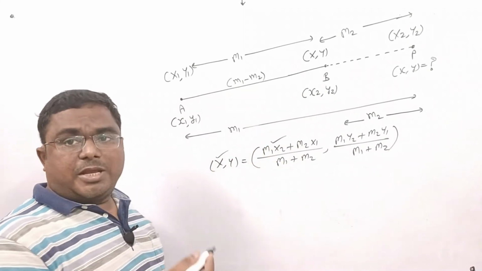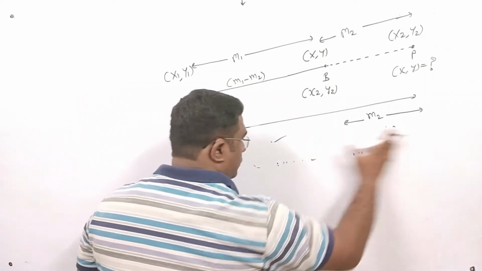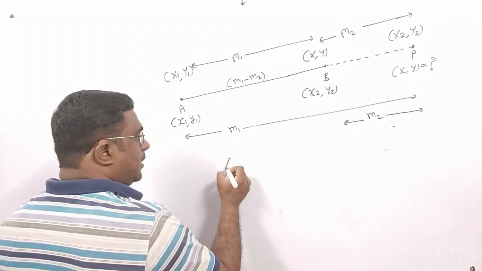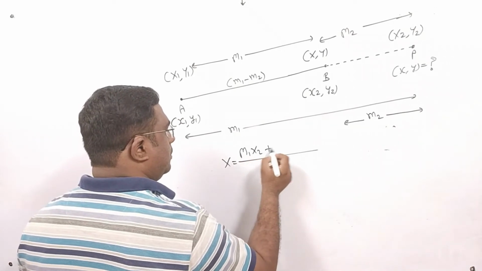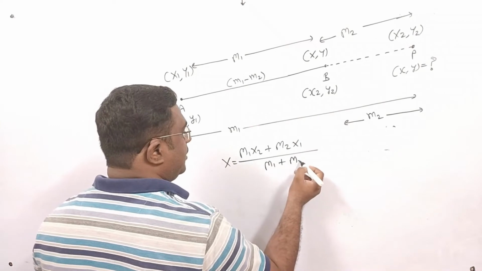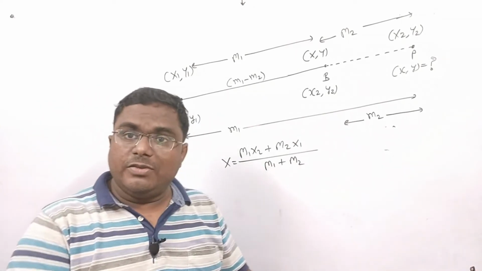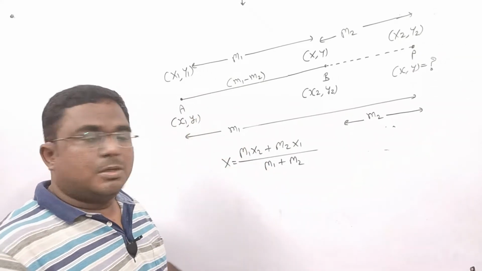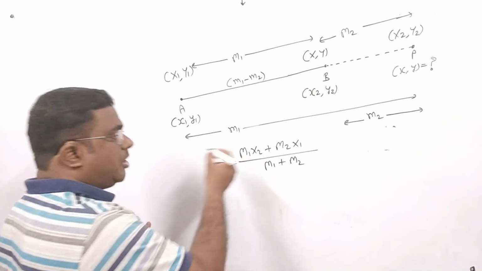It means I am taking abscissas and ignoring ordinates for some time. So capital X is equal to (m1 x2 plus m2 x1) upon (m1 plus m2). According to the section formula of internal division, I have written this equation. Now I will replace their original values according to the figure.